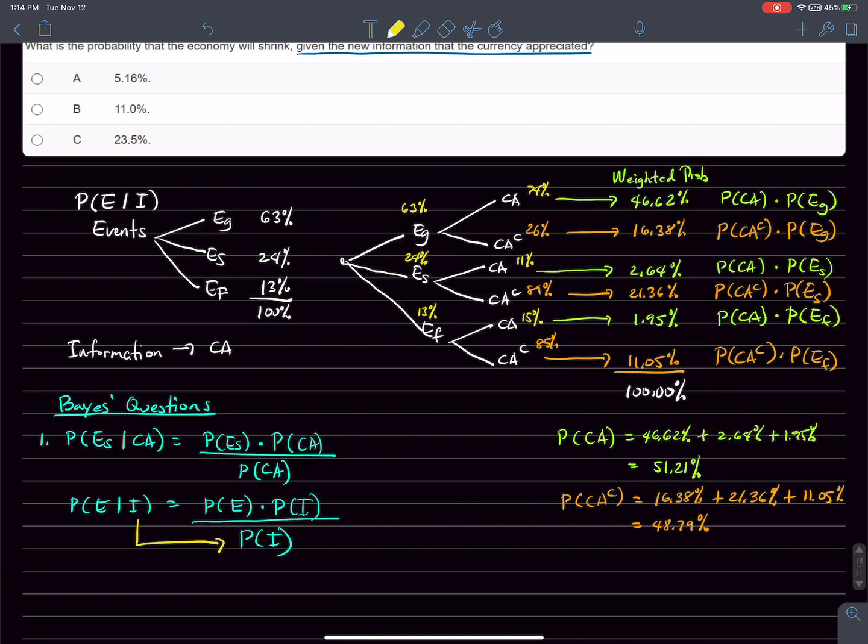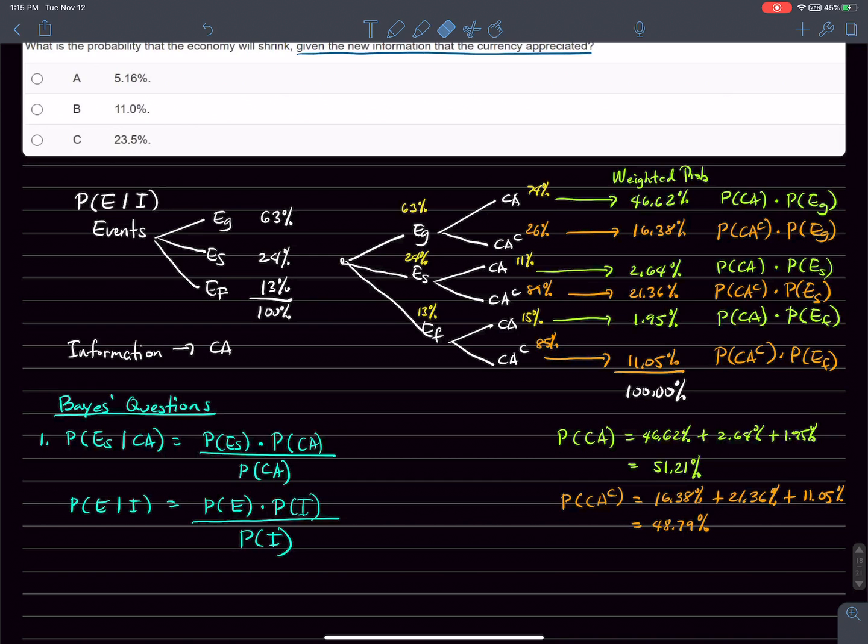So it means if the information already happened, what's the probability of the event? The given information will be your denominator, or your probability universal space.